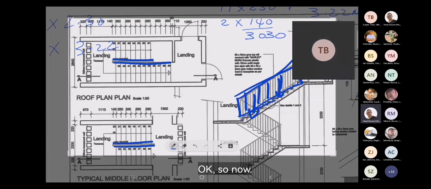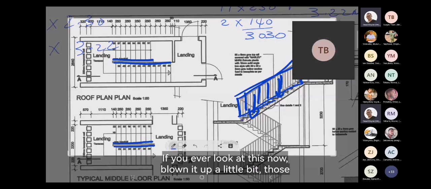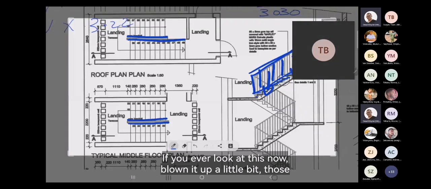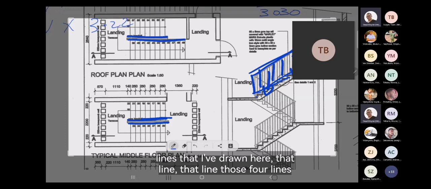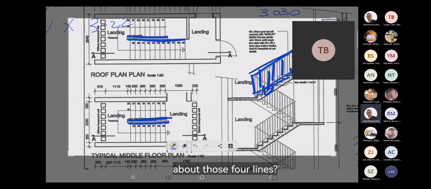So now, if you have a look at this now, I've blown it up a little bit. Those lines that I've drawn here, those 4 lines that I've drawn there. What is significant about those 4 lines there? What is there that you can see that is significant about those 4 lines? Anything in particular that you can see?